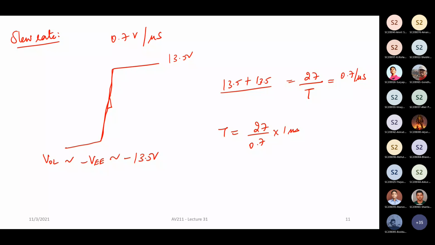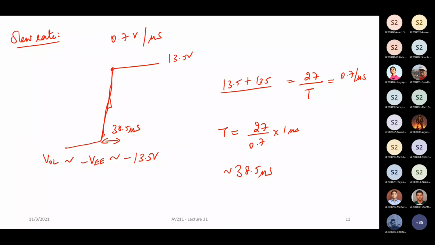How much do you get here? 27 divided by 0.7, around 38.5 microseconds. Which means that from here to here, it is going to take 38.5 microseconds, which is actually a very long time. All right. It's a very long time.